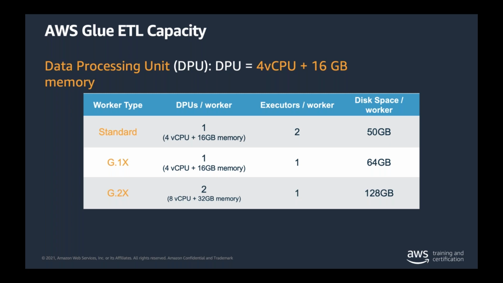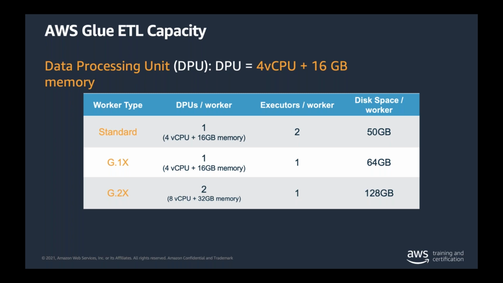Worker types are mapped to data processing units, also known as DPUs, that determine the individual worker capacity. A Glue DPU is a relative measure of processing power that consists of 4 virtual CPUs of compute capacity and 16 gigabytes of memory. You can choose between predefined worker types, like the standard, G1X, and the G2X.